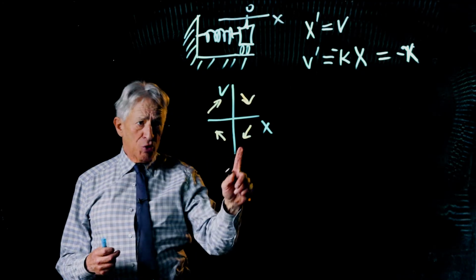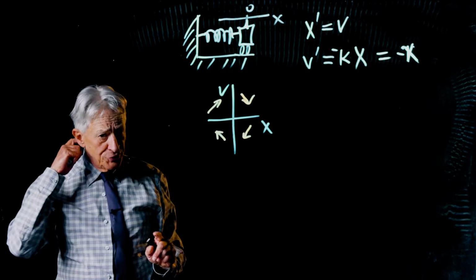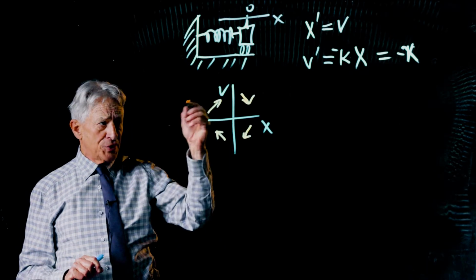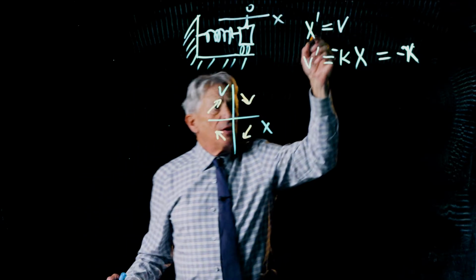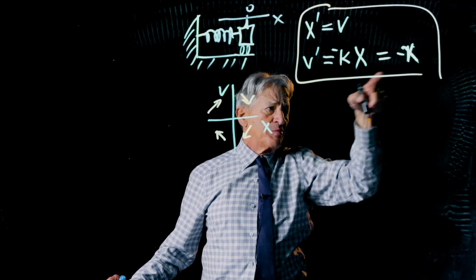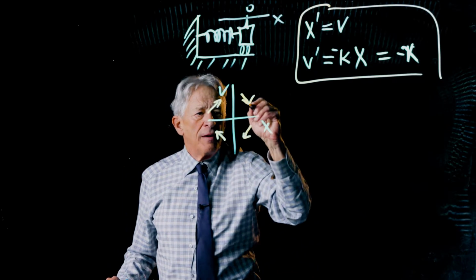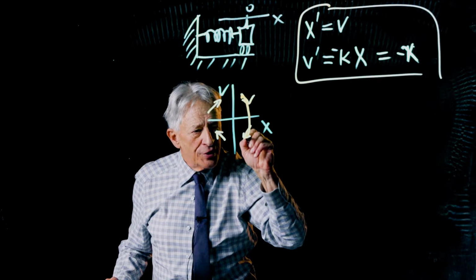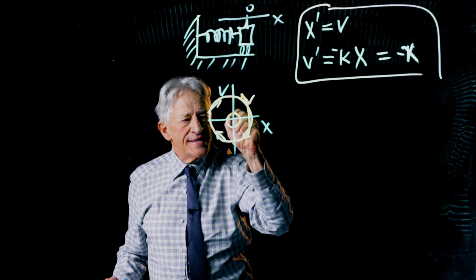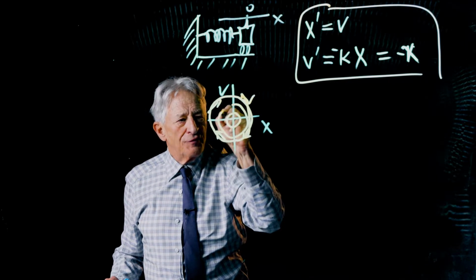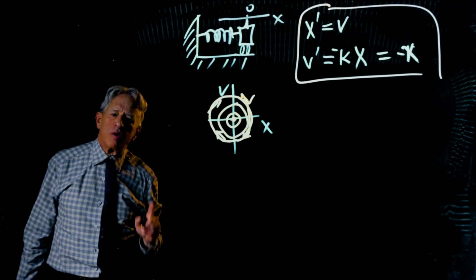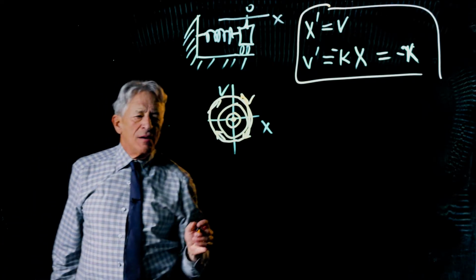And when we drew a lot of them, and remember in 2D we have to draw a lot of them with very short dt's to get a good approximation of the trajectory, we saw that this differential equation, x prime equals v, v prime equals minus x, gave us trajectories which were circular. And we got a nested series of trajectories around that equilibrium point.